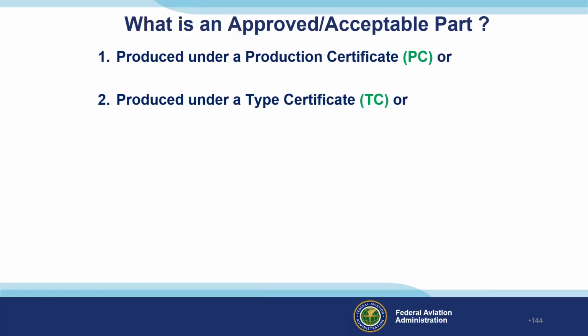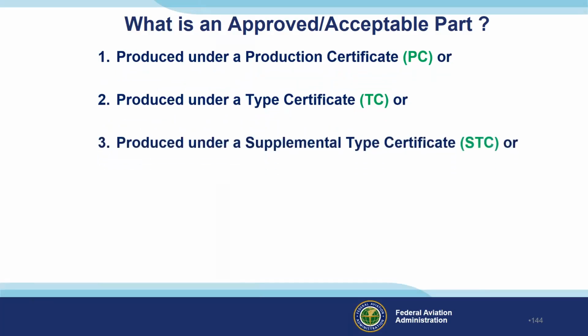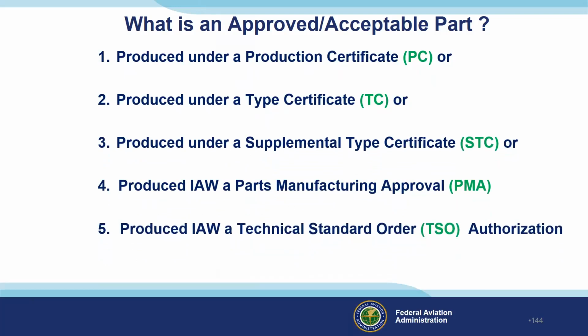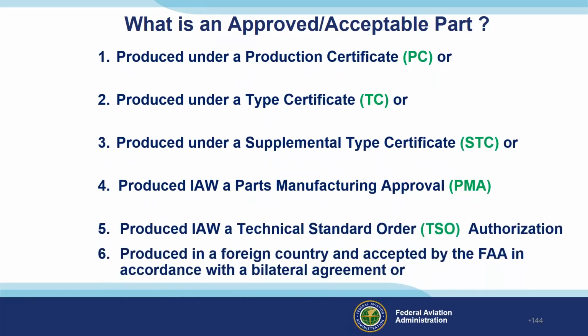What is an approved or acceptable part? Here's a list. There's a bunch of different ways that parts can be approved or acceptable. The parts that are under the production certificate, that's everything that was submitted to the FAA as, here's your airplane and here's all the parts, and they get their production certificate.